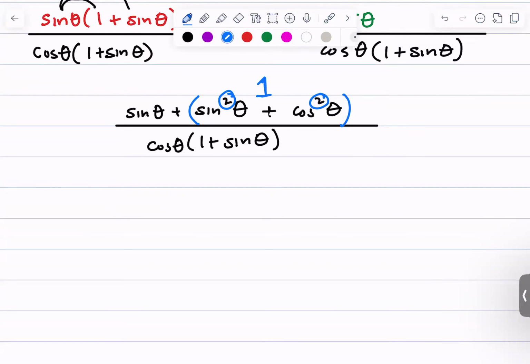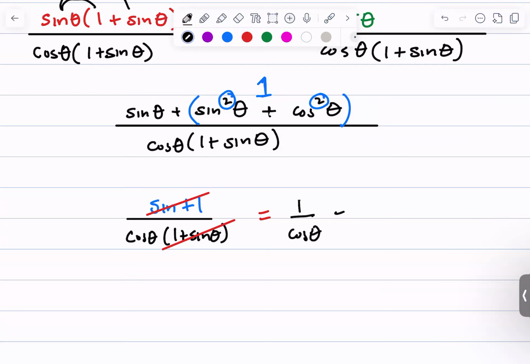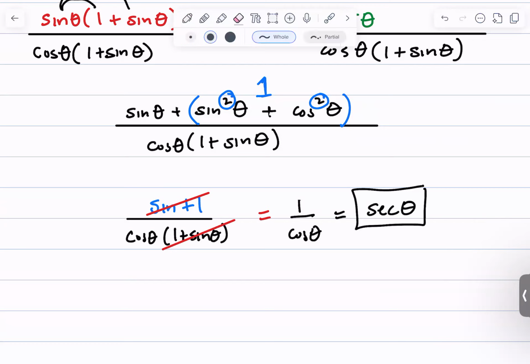So sine plus 1 over my denominator of cosine, 1 plus sine. Now, sine plus 1 is the same thing as 1 plus sine. So those two cancel out and make 1 over cosine, which is secant. Okay?